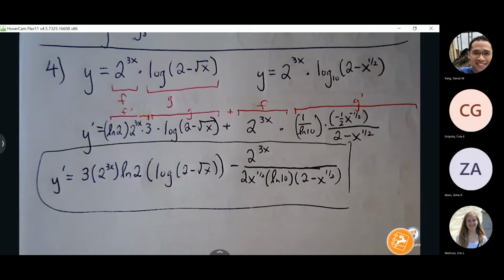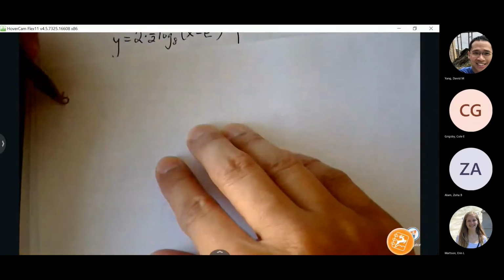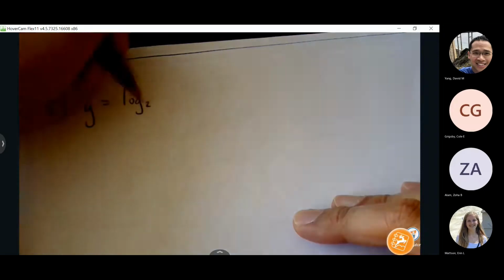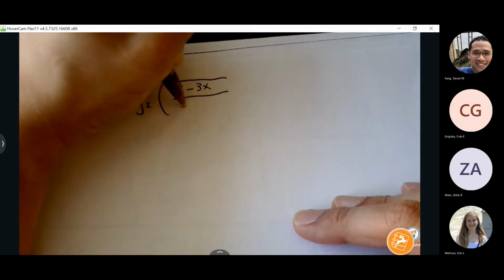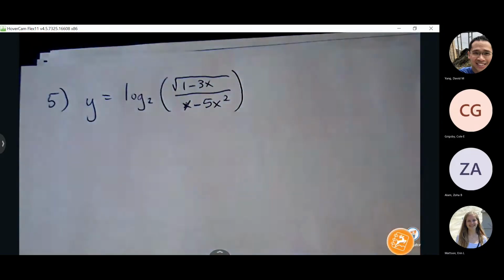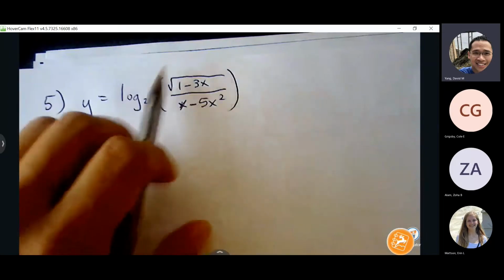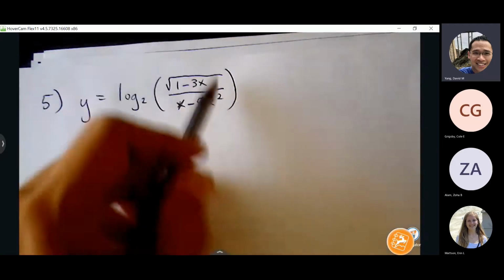Okay, number 5. I'm going to rewrite. I know I have to apply my expansion properties to get my log expression a little bit cleaned up.